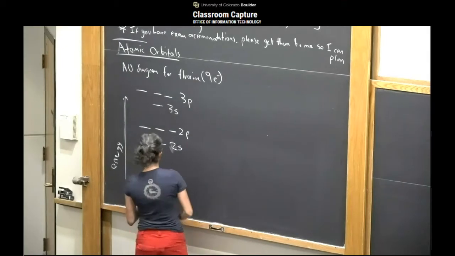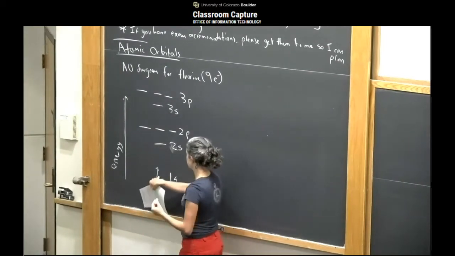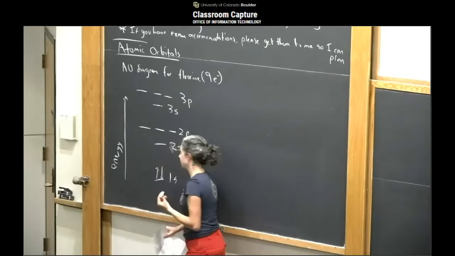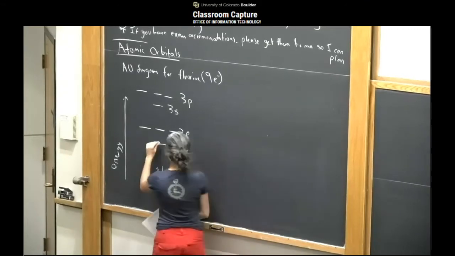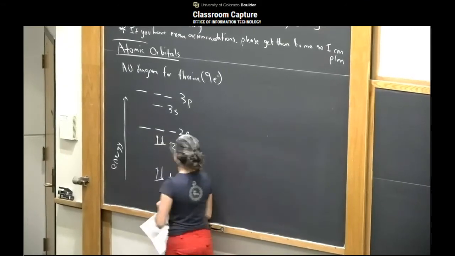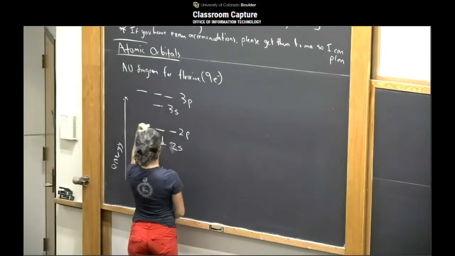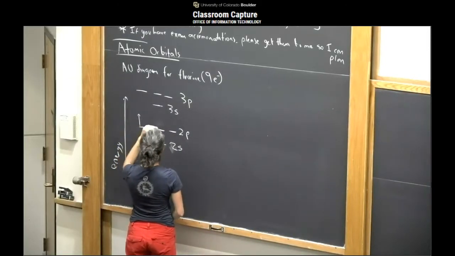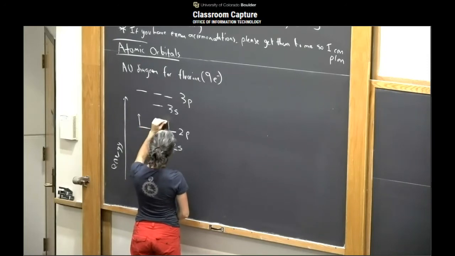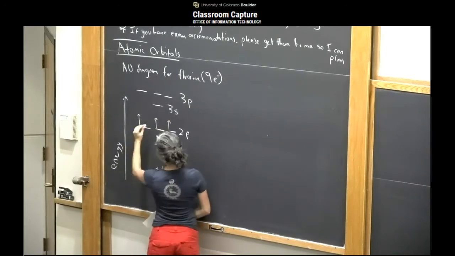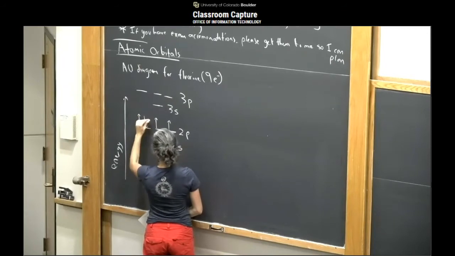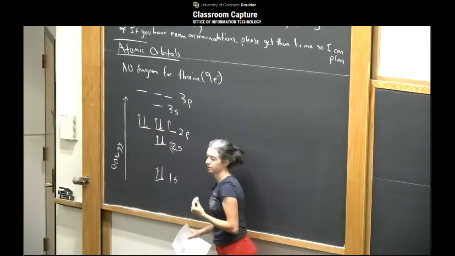So if I start filling in 9 electrons, I do 1, 2 for the first orbital, 3, 4 in the second orbital. Now I need to use Hund's rule to go across, so I can do 5, 6, 7, and now I can start filling back in 8 and 9.